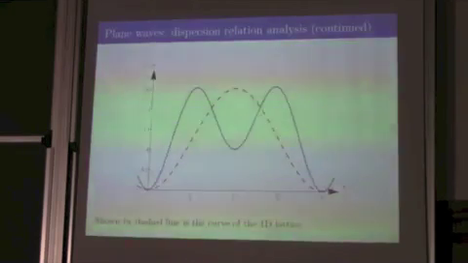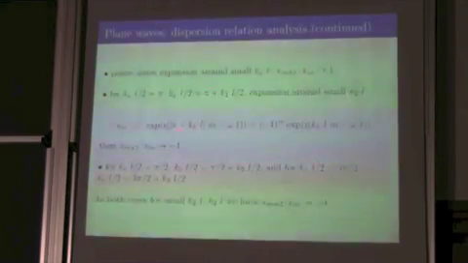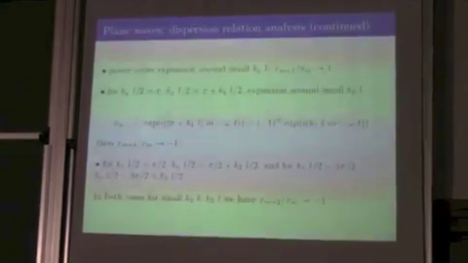However, it's of interest to see what happens near the other extrema. And first of all, if we consider this one, we see that we can apply the same kind of analysis if we assume that our wave number deviates slightly not around 0, but around some constant value.